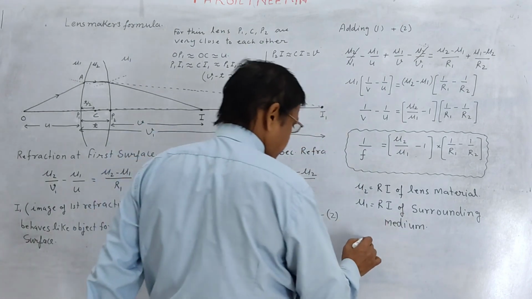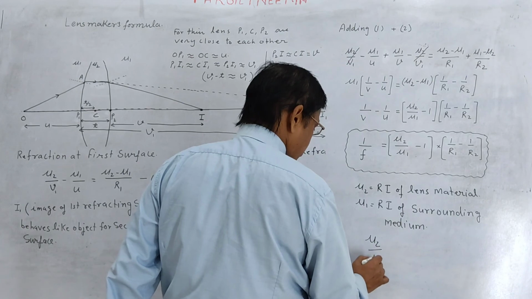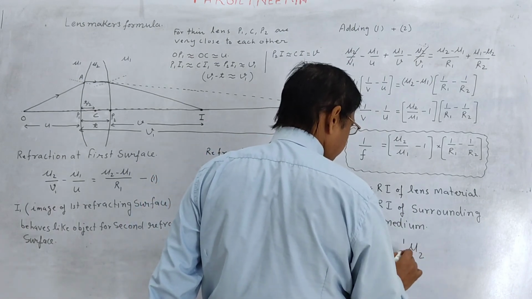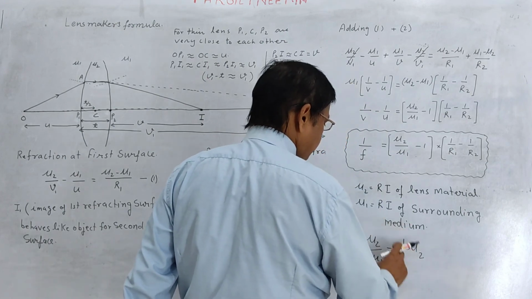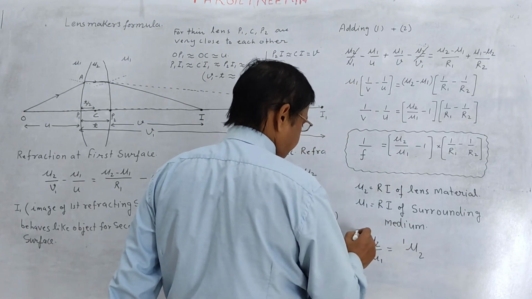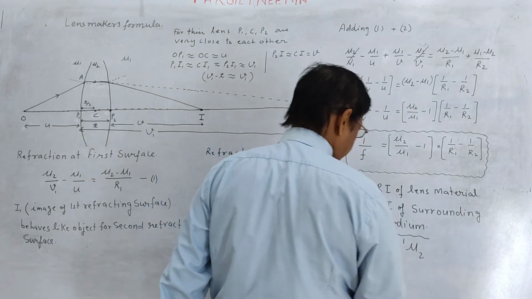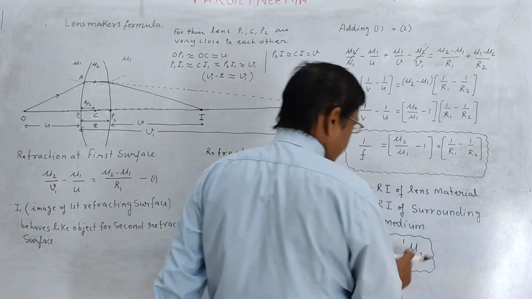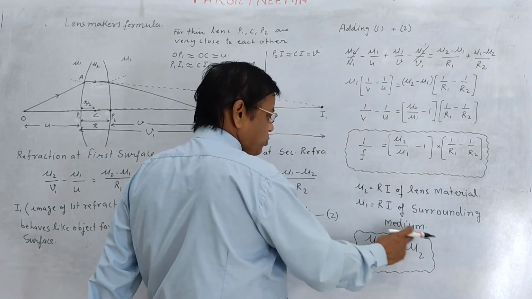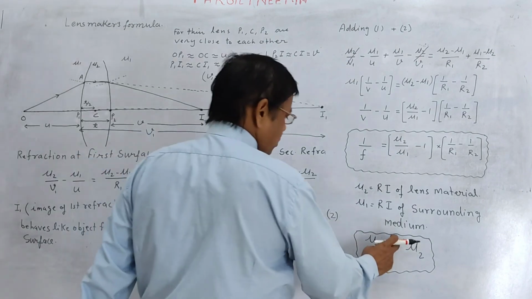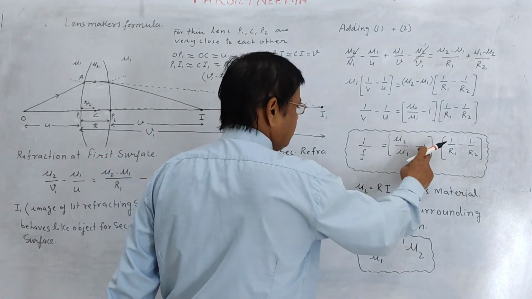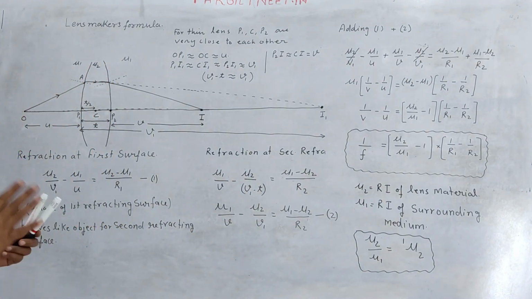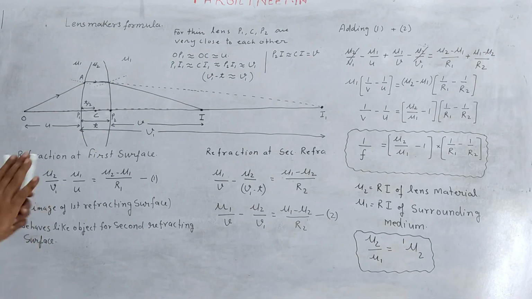We may write mu2 upon mu1 as mu21, the refractive index of the lens material with respect to the surrounding medium. So we may write mu12 here minus 1. So this is the lens maker's formula and it is valid for thin lenses only. For a thick lens it is not valid.